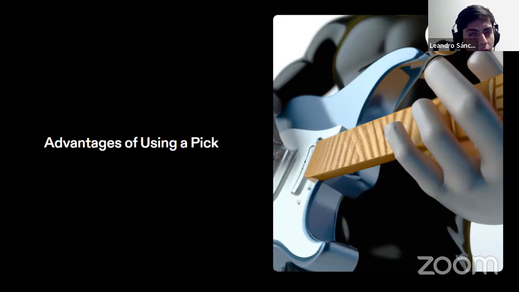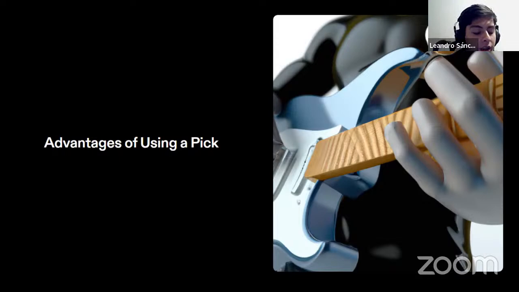Using a pick allows you faster playing, while playing with the fingers is slower.